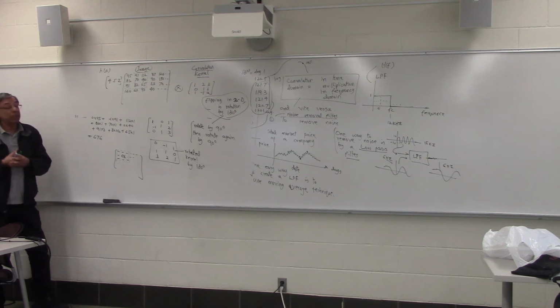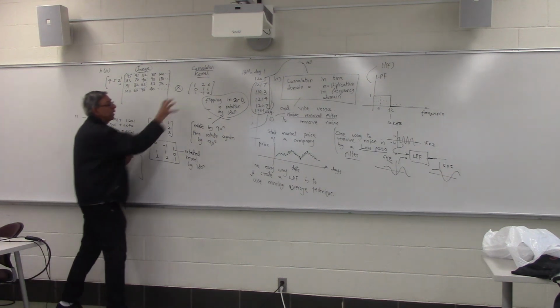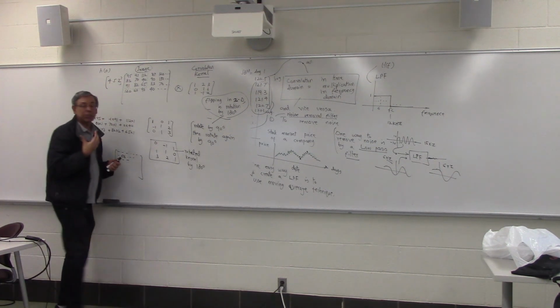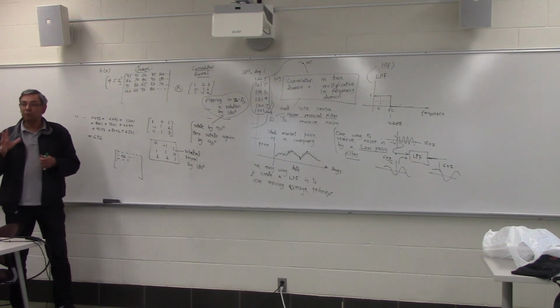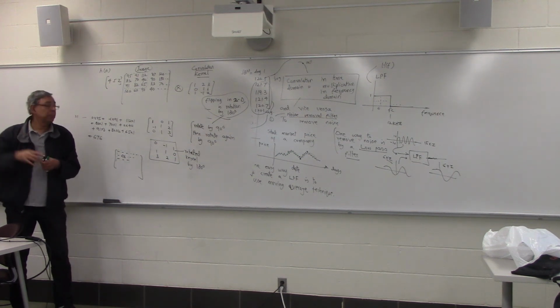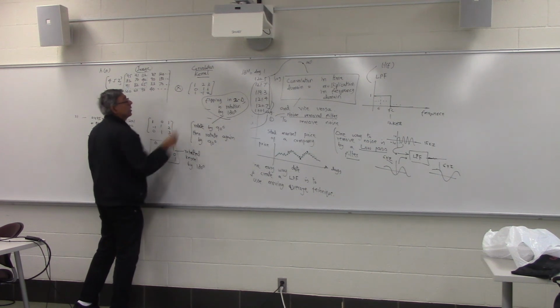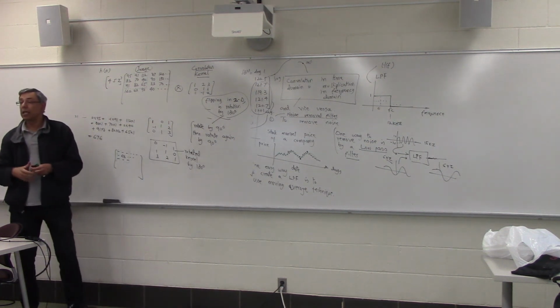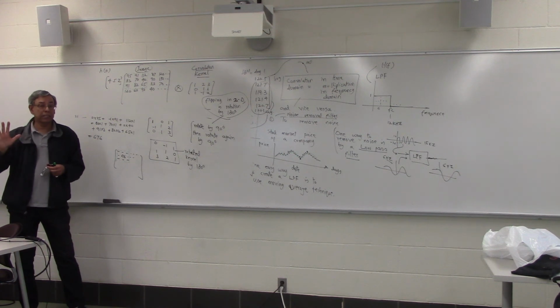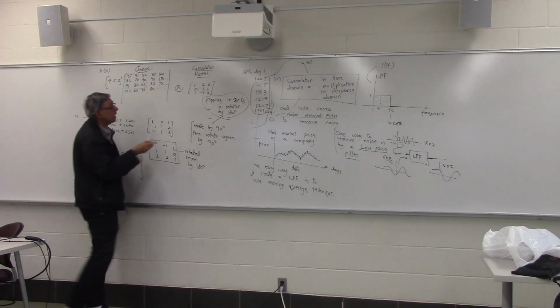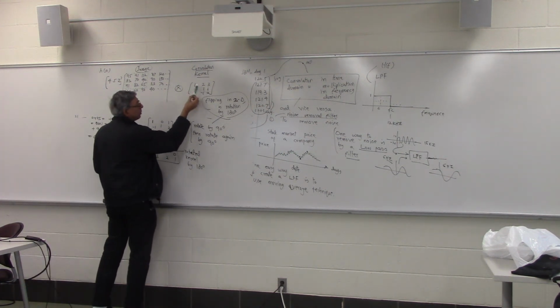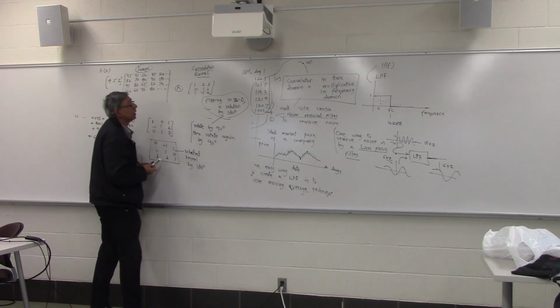When we create kernels, we make sure that once we do the convolution, it will not scale up or scale down, meaning the sum of all these values in a proper image processing kernel has to be 1. It cannot exceed 1. If I add up all these values, 1 plus 2 is 3, and 3 is 6, and 2 is 8, and 1 is 9, and minus 1 is 8.